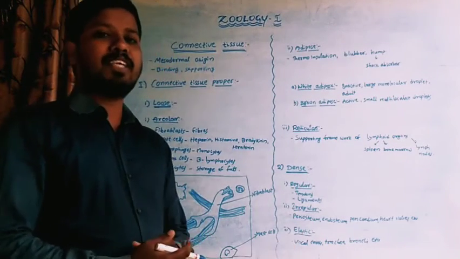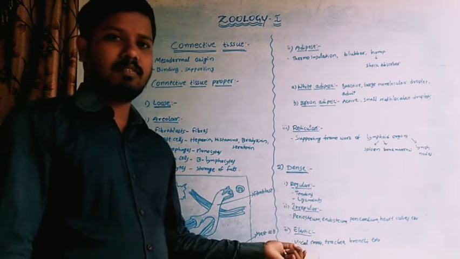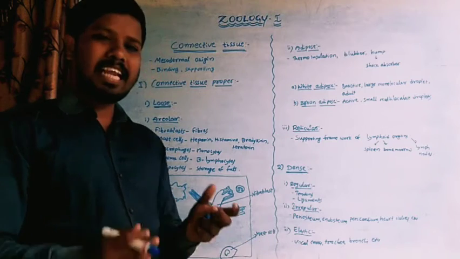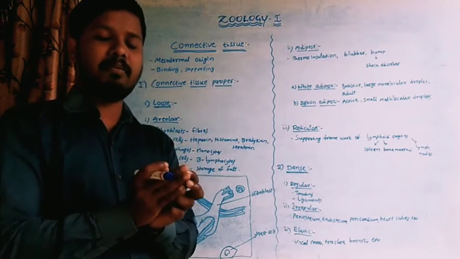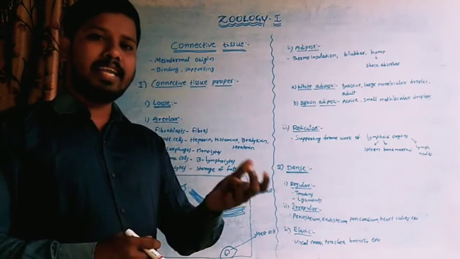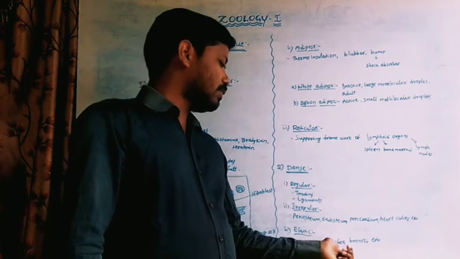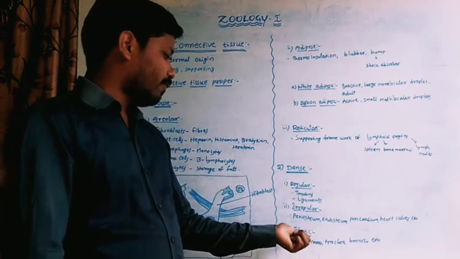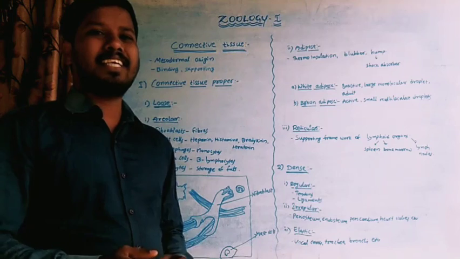In this type of tissue, a number of yellow elastic fibers are present. These elastic fibers have the ability to contract and recoil. Vocal cords, trachea and bronchi, etc. are formed by the elastic dense connective tissue.